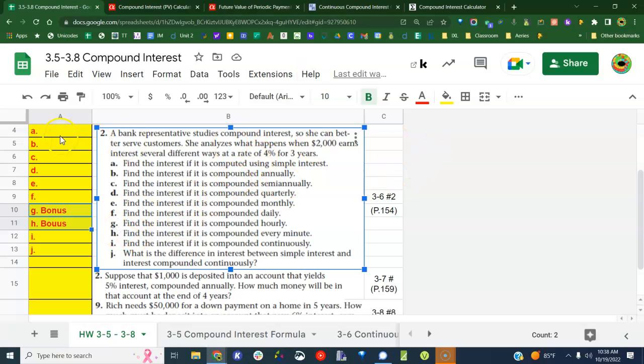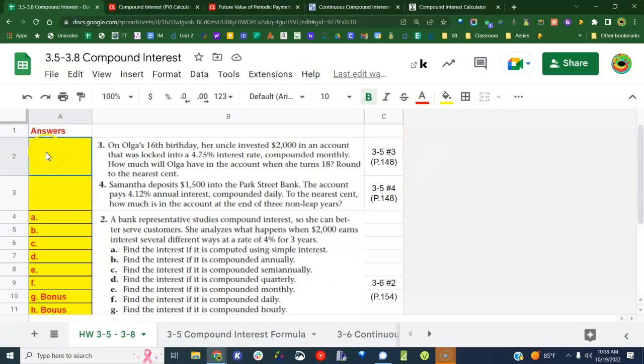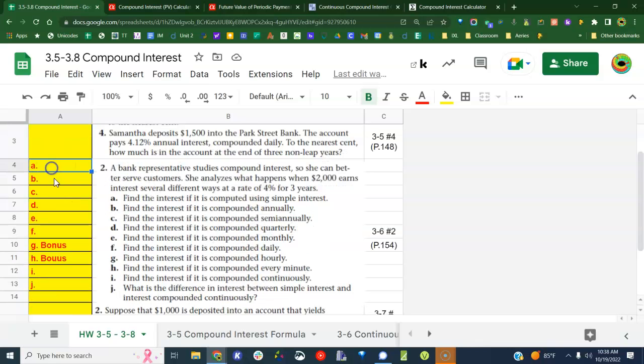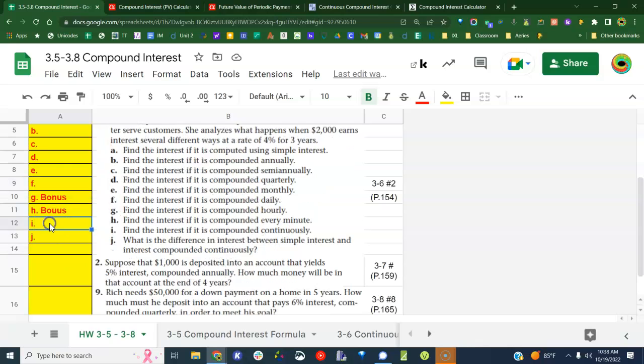Just put your answers right here where it's yellow. Answer for number 3, number 4, A, B, C, D, E, F. Skip G and H, do I and J. This one is just a subtraction problem. So J just equals whatever I minus A is. So what's the difference? Remember, difference means subtraction.